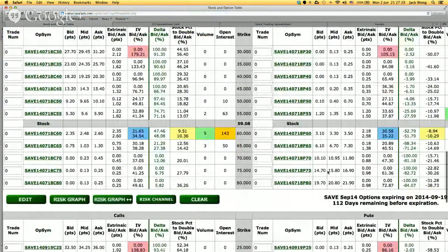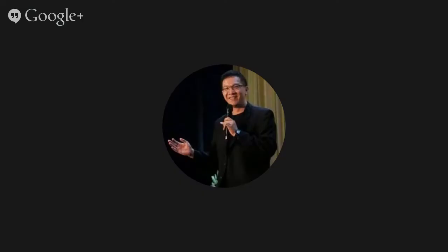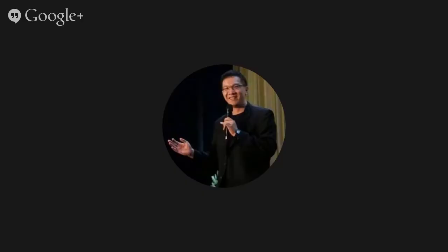What I need to do is essentially pick under the stock percent to double, bid and ask. I need to look for this particular case, the yellow box, and that's the box that gives me the fastest to double strike price.